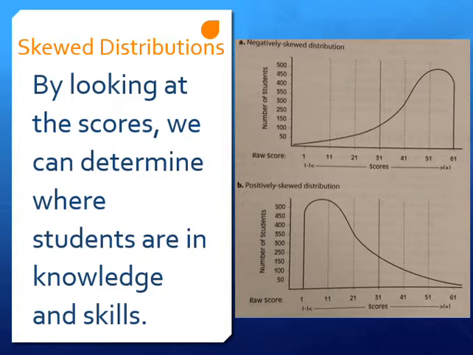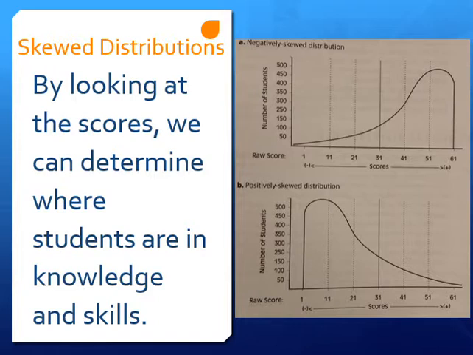And here we can also look at the distribution of scores of students, and this can give us an idea too about the knowledge and skills. So administering a diagnostic assessment initially should show a positively skewed distribution, whereas an achievement assessment of writing should show a negatively skewed distribution.